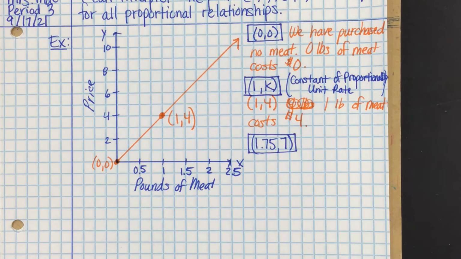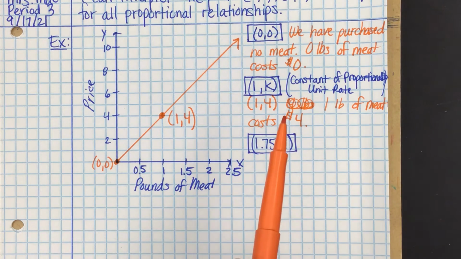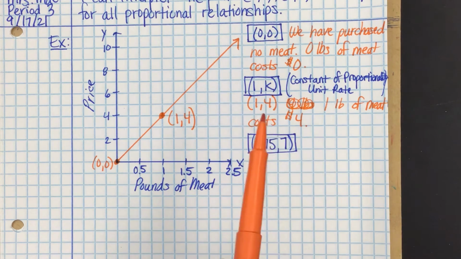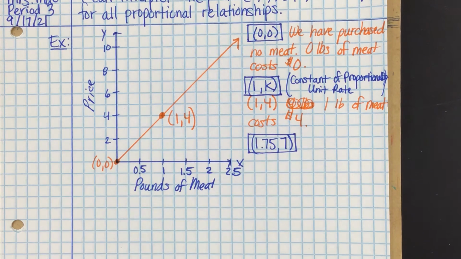Or you could put it the other way. You can say that it's $4 per pound of meat. Okay. And this is like my favorite point on the graph, because once you have your constant of proportionality or unit rate, you can use that to answer for any amount of pounds. If you want 20 pounds of meat, you can just multiply that by 4 and find out how much it's going to cost.